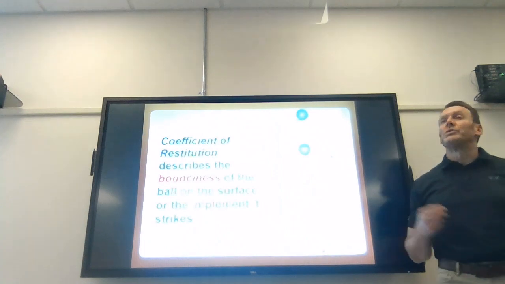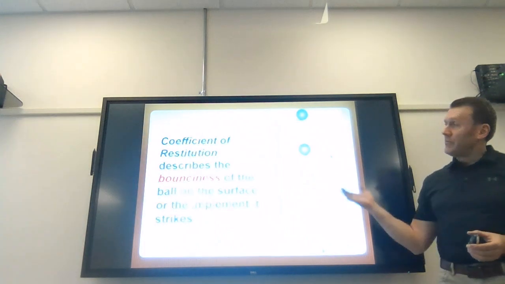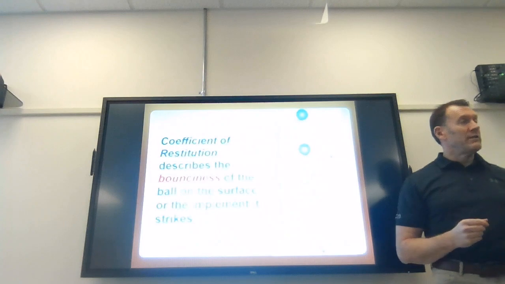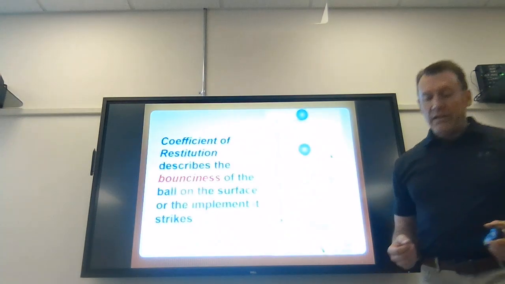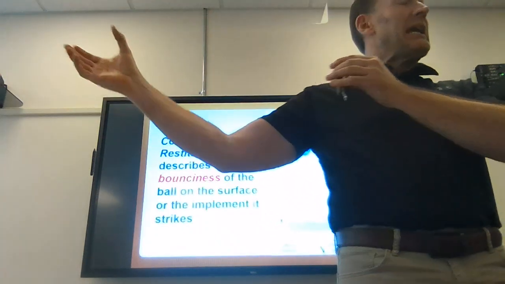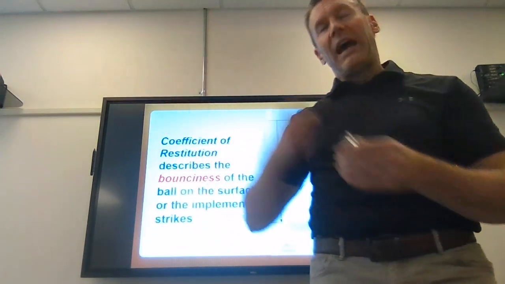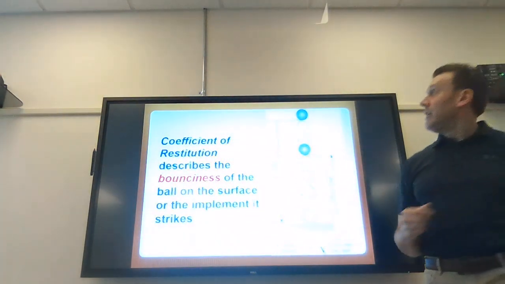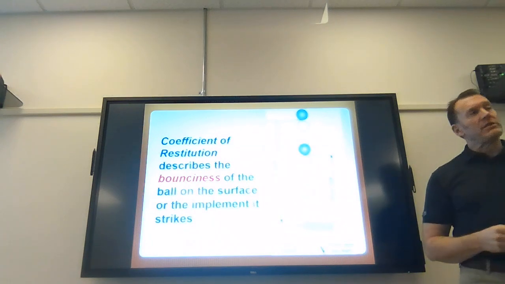So there's actual rules on the coefficient of restitution for sports. And to make it easy, the coefficient of restitution usually equates to a certain PSI, so you can put that amount of pressure into a ball and it would be the correct coefficient of restitution.